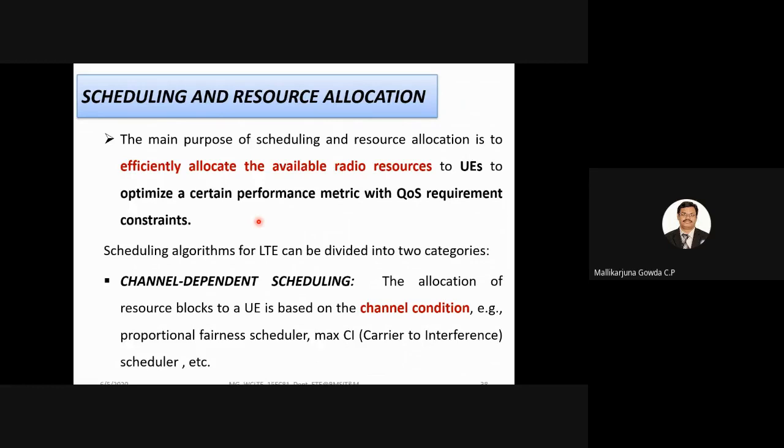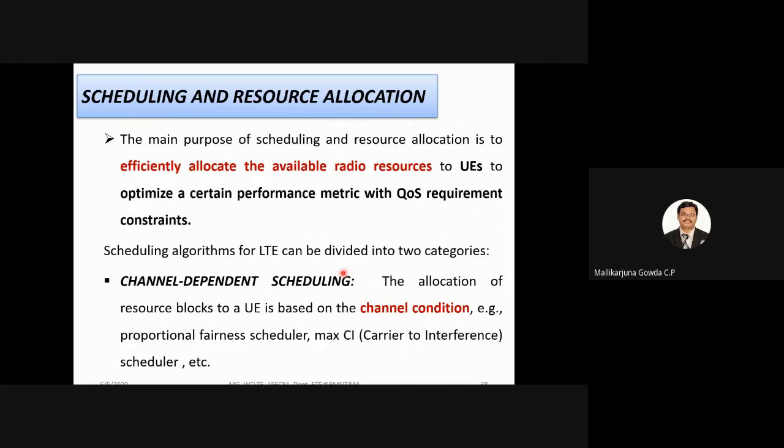So in LTE, these scheduling algorithms are divided into two groups. One is channel dependent scheduling and second one is channel independent scheduling. Okay, in case of channel dependent scheduling, the allocation of the resource blocks to the user equipments is based on the channel condition.